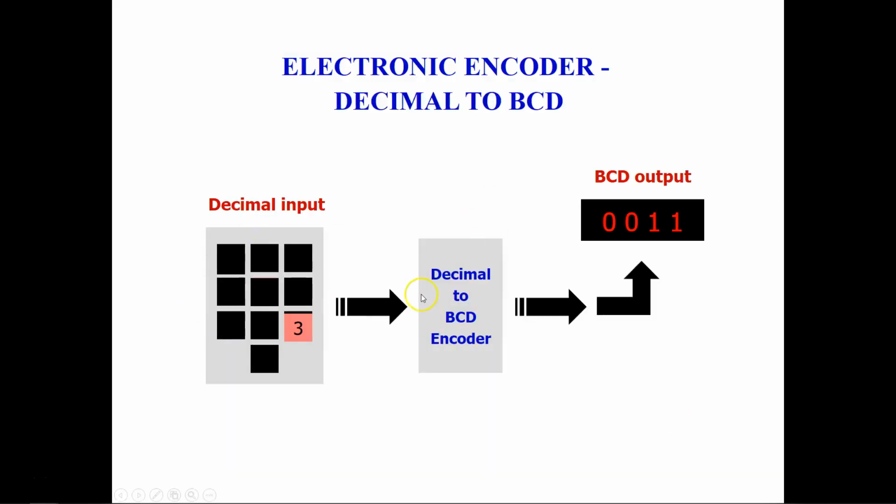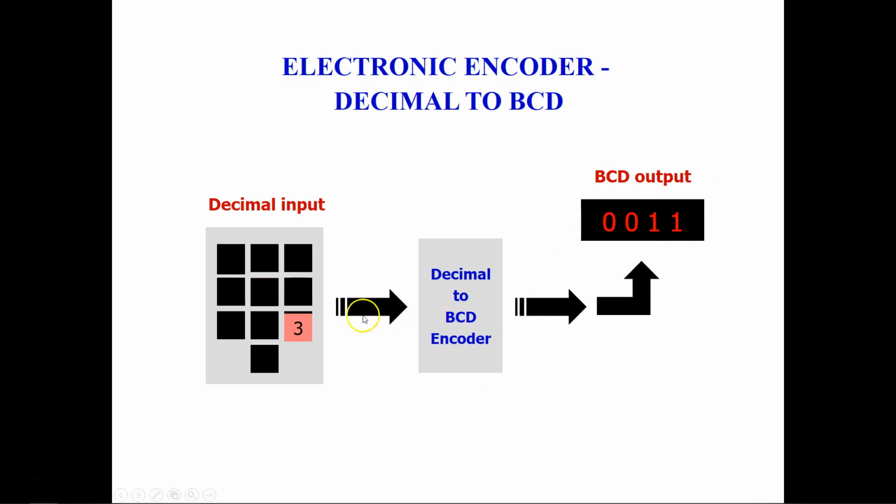Before we get into the encoder truth table and logic diagram, let's first see one example of where an encoder can be used. This is a keypad connected to the encoder IC, and the encoder IC is connected to the BCD output, and this output display could be any LCD, LED or VF display.